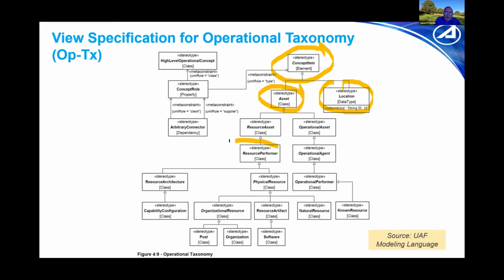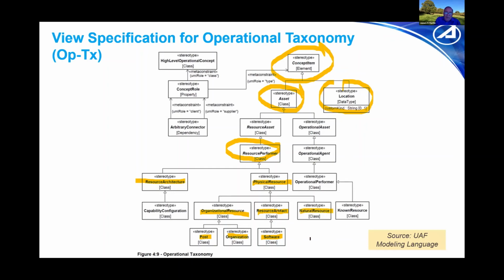You could have various kinds of resource performers. You could have a resource architecture, physical resource. And the physical resource could be organizational, like a post or an organization, or it could be a resource artifact, like a piece of hardware, or a special case being software.